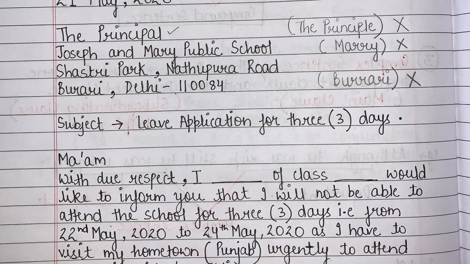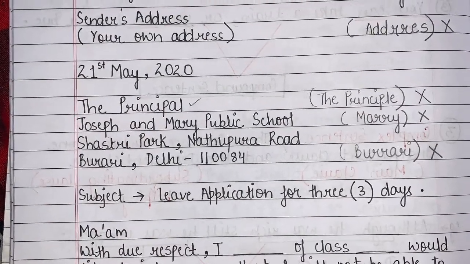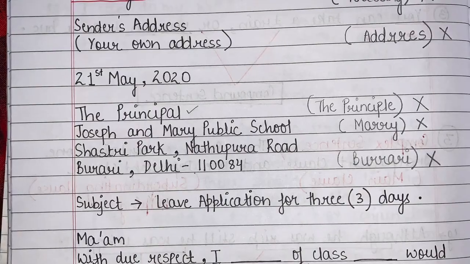110084, okay? Now students, you must be thinking that in brackets I have written certain words and I have put a cross over there. Now why I have done this way? Because these are some common errors done by students, right? Most of the time I see that in these type of questions you write wrong spellings of wedding, address, and principal. So I have written that if you write these spellings, these are incorrect, right?